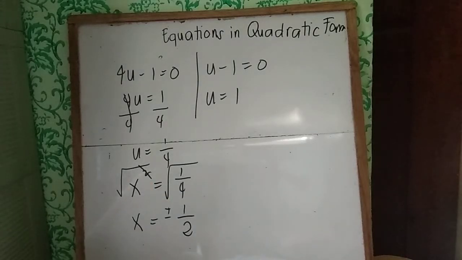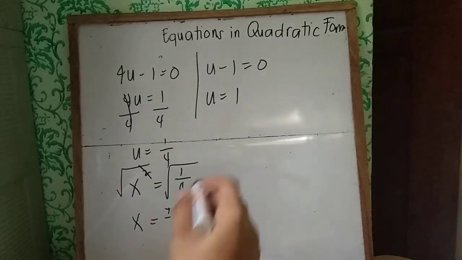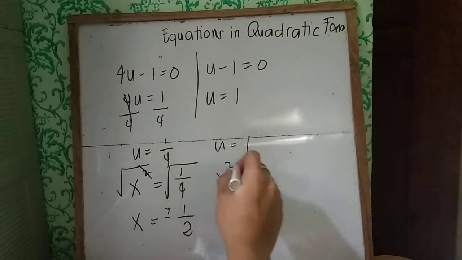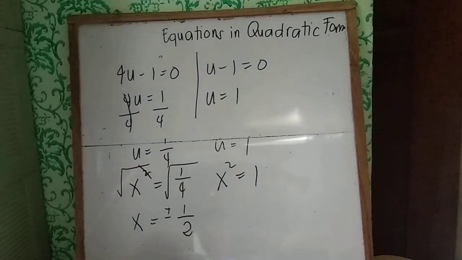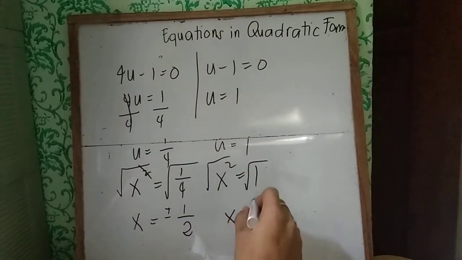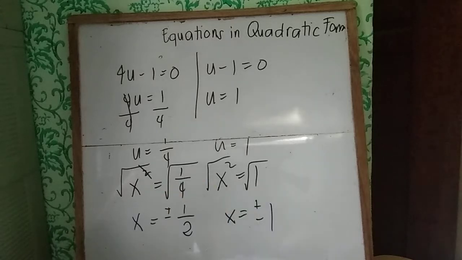Next, for u is equal to 1, replace u by x squared, so x squared is equal to 1. Then take the square root, so x is equal to positive negative 1. Therefore the solutions are positive negative 1/2 and positive negative 1.